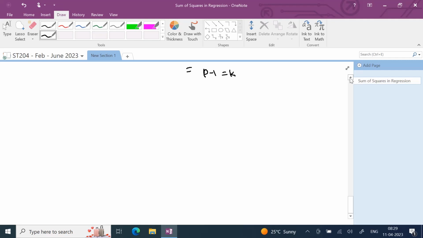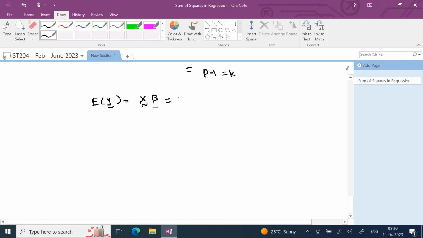Now we have to worry about the non-centrality parameter. Okay. So what is lambda? So if my model is correct, then we know that expectation of y vector is X into actual beta, correct?